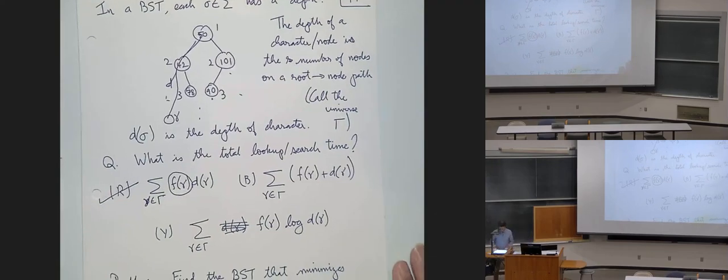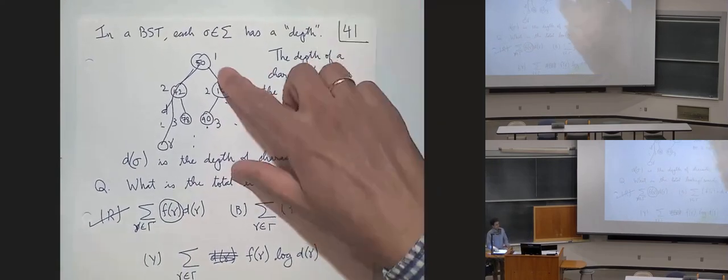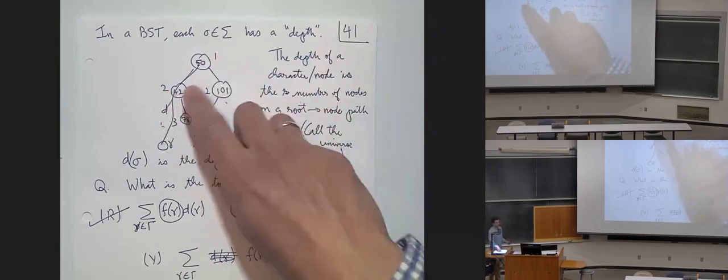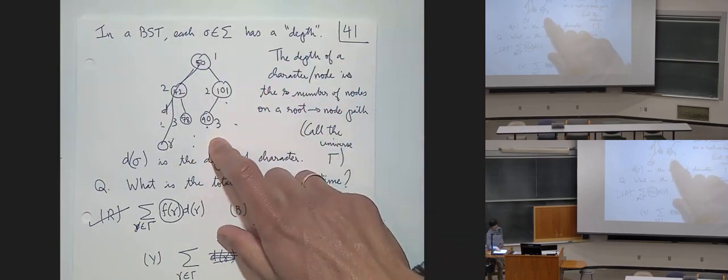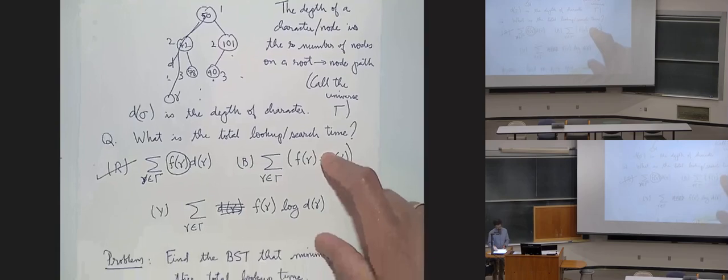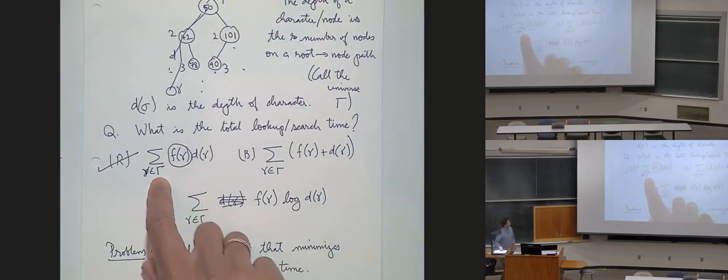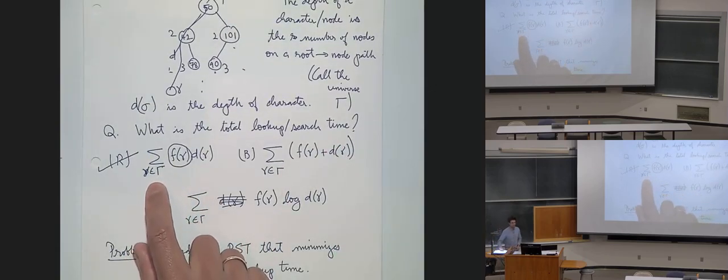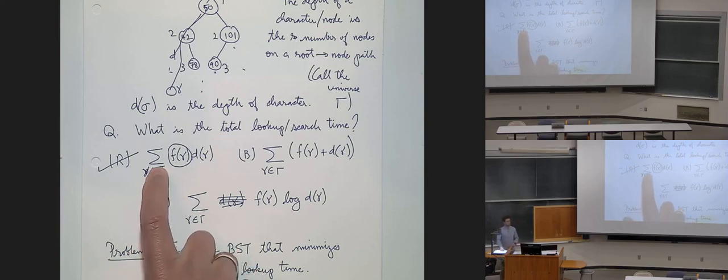And so in a binary search tree, every key or every character has a depth, right? And so we ask, what is the total lookup or search time? What we're doing is summing over all gamma in the universe. Again, I changed the alphabet to gamma just so that it doesn't look like sigma being a subscript of sigma.